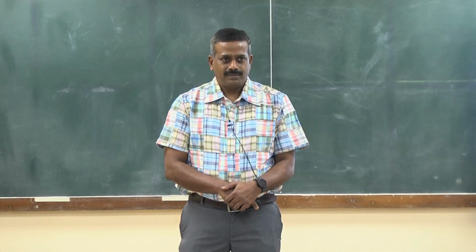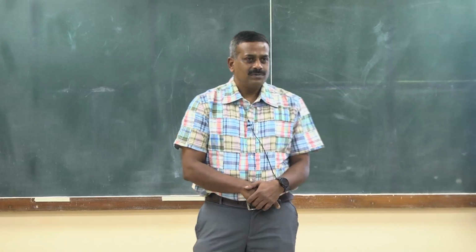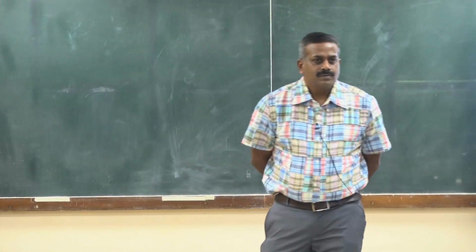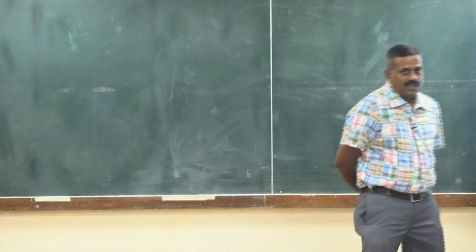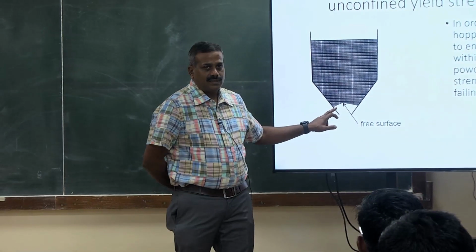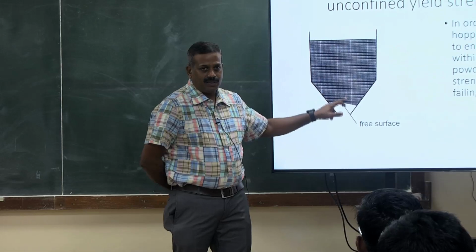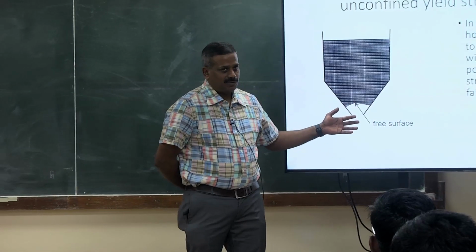Lastly we were discussing funnel flow and mass flow hoppers. For any hopper, the strength of this powder should be higher than the strength at this layer for the powder to flow. It could be a mass flow hopper or a funnel flow hopper.